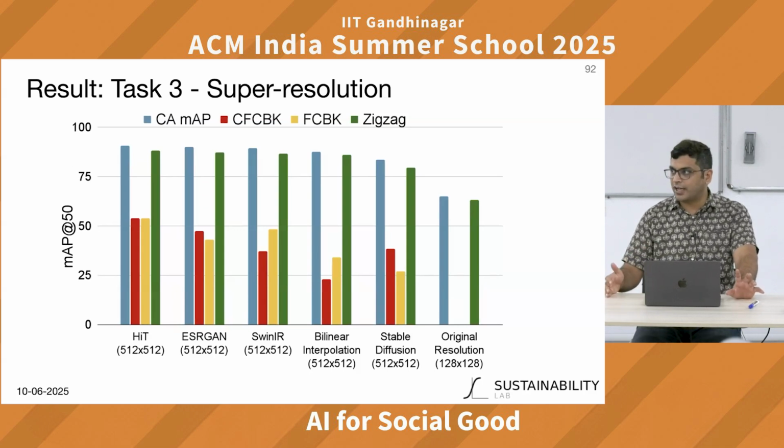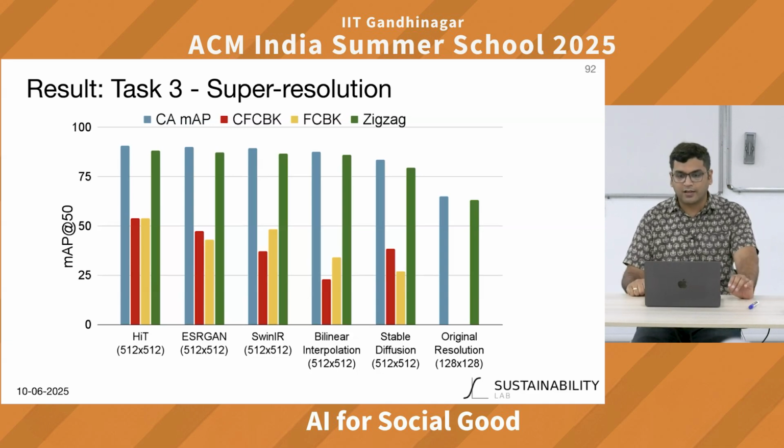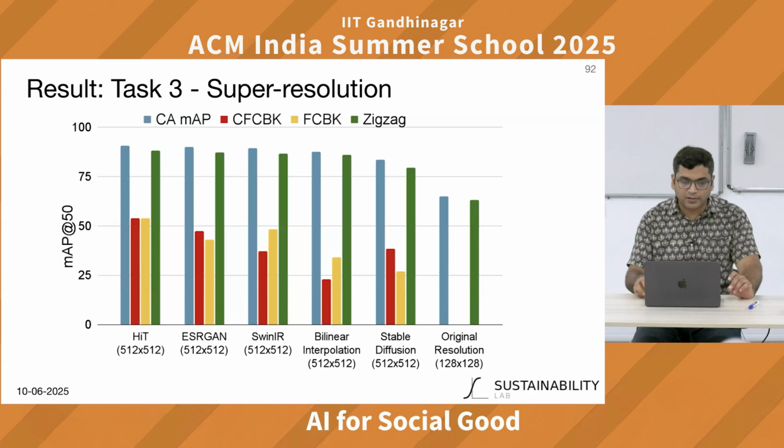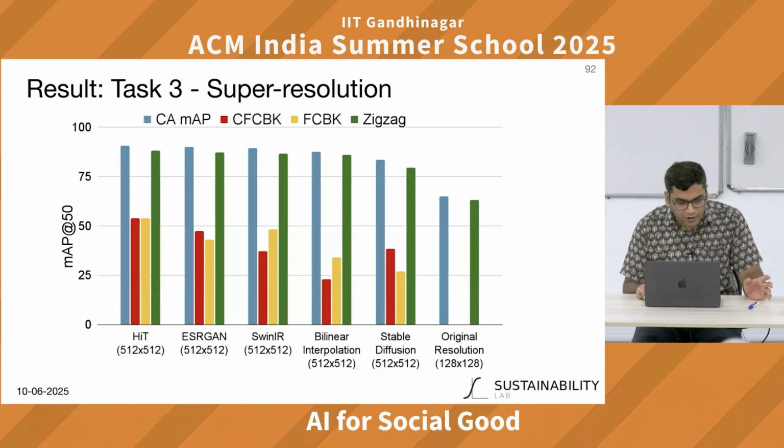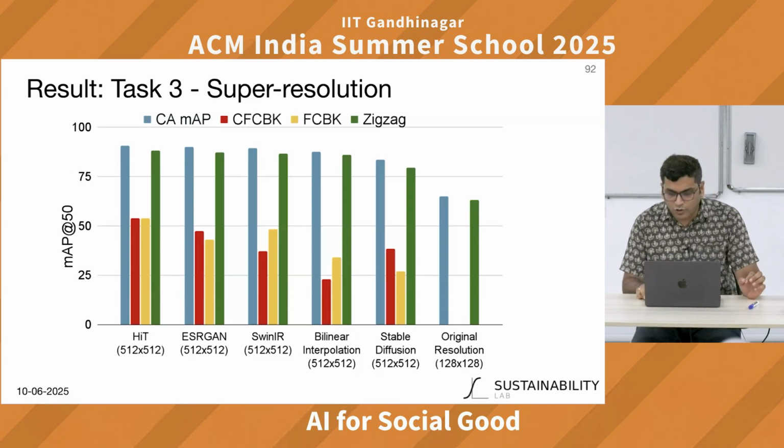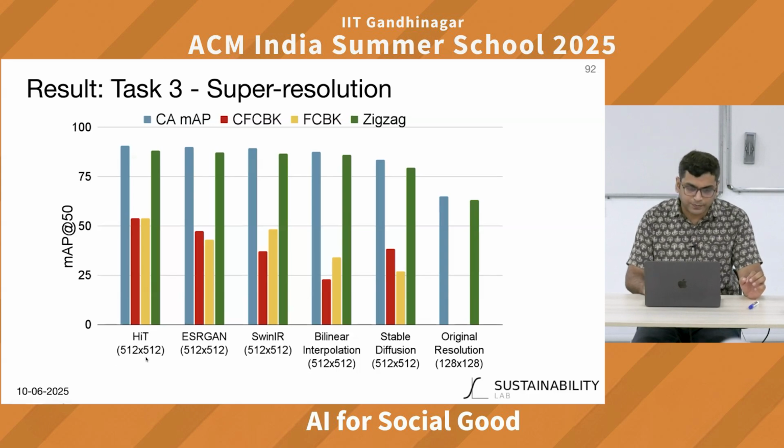We are not doing any training. We are not giving it pairs of low resolution and high resolution images. So these super resolution methods may or may not have even seen what a BRICKIN is. They may or may not have seen the Indian data also. We don't know that, because we are just doing the forward pass across these different methods. So we scale from 128 cross 128 to 512 cross 512, and we see the performance improvement.